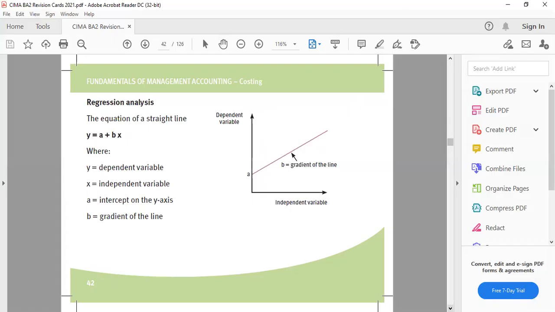Regression analysis. Regression analysis is the study of two variables, one dependent variable and another an independent variable. Whether there is a relationship between these two is measured by a technique called correlation.